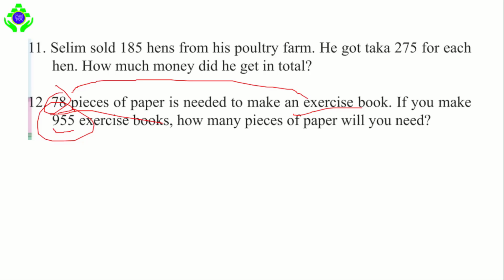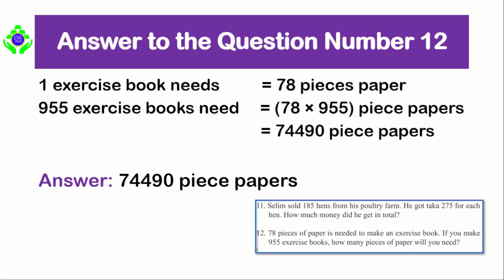So in the first line, I can write one exercise book needs 78 pieces of paper. So for 955 exercise books, this 78 should be multiplied with this 955. So 78 into 955.